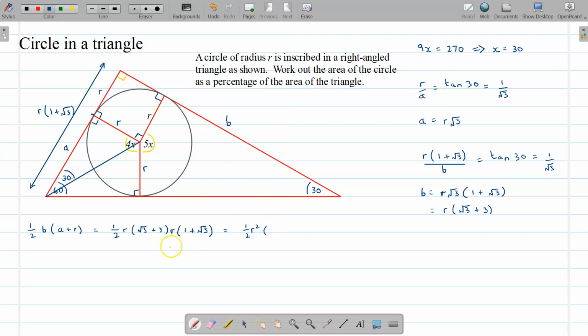So I'm going to have root 3 times 1, which is root 3. The outer is going to be root 3 times root 3, which is 3. The inner is going to be 3 times 1, which is also 3. And the last term is going to be 3 root 3.